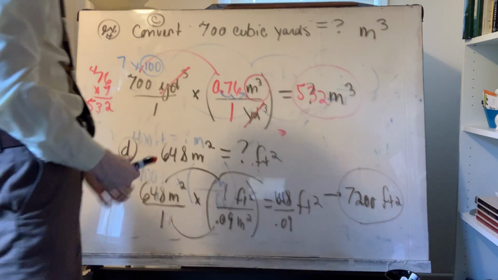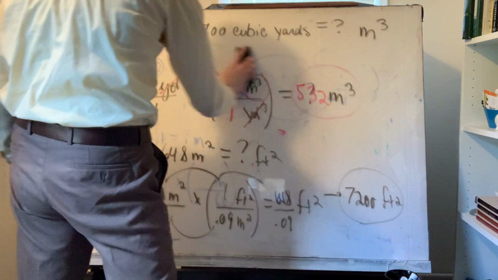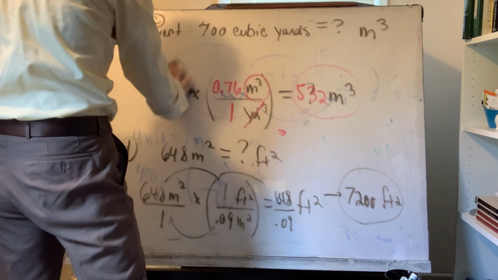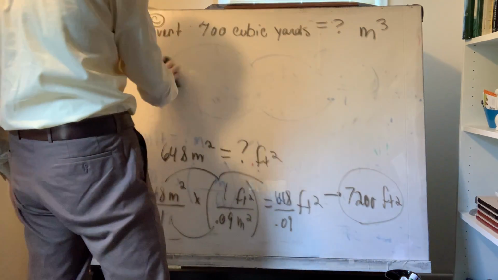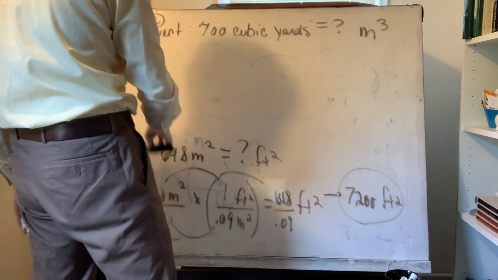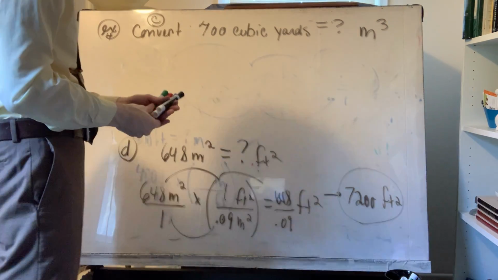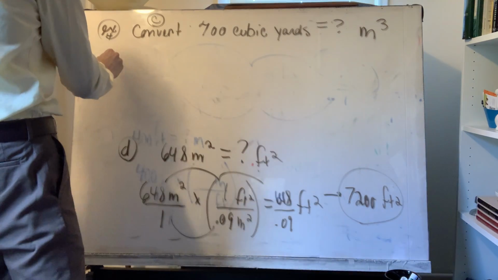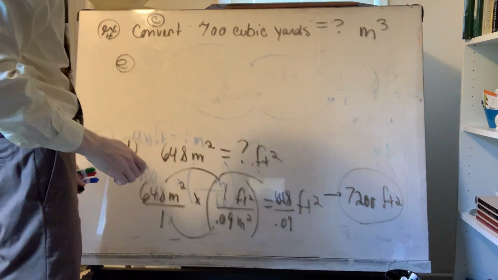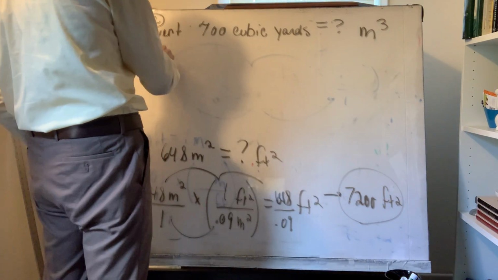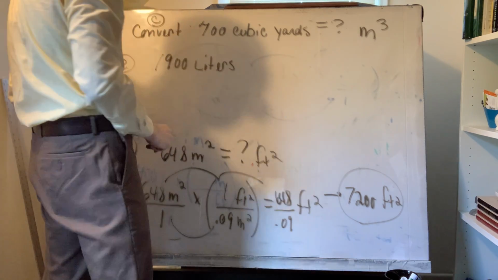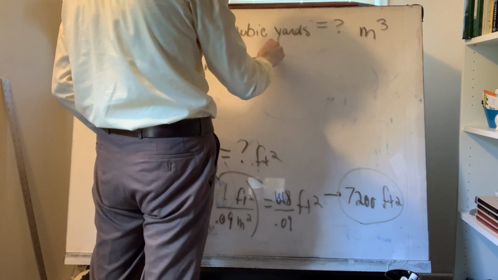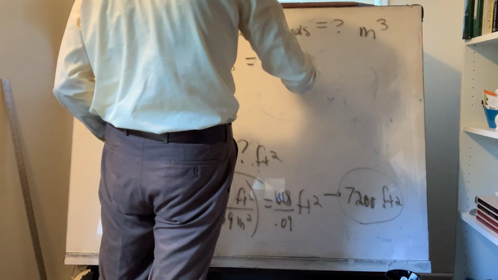And then the last part of this would technically be E, would be to convert 1,900 liters, spelling it the American way, because I live here, equals gallons.